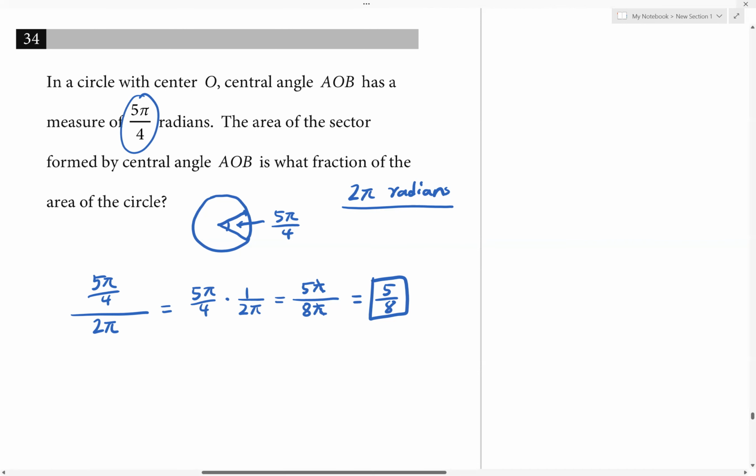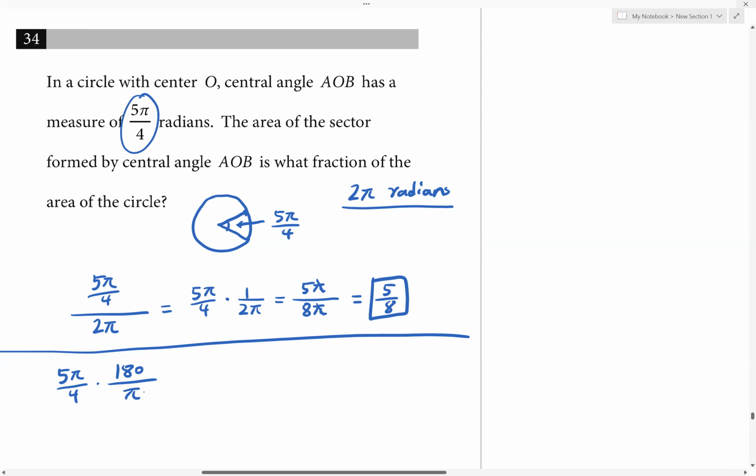Okay, another way of thinking about this is we can convert it to degrees. Degrees are usually what we're more familiar with and more used to. So if we convert to degrees, we take 5 pi over 4. To convert from radians to degrees, we always multiply by 180 over pi.